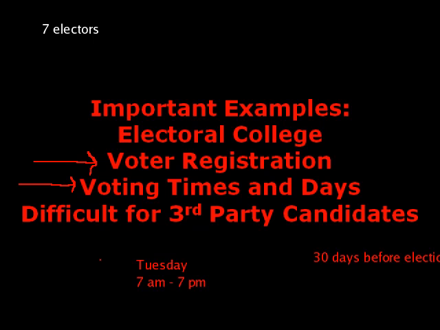So let's just use the last presidential election as an example. McCain won 65% of the vote, and Obama won 35% of the vote. So who wins the Electoral College delegates? McCain wins them. McCain wins all 7. And it's all of our votes put together, which reduces the power of each one of us.